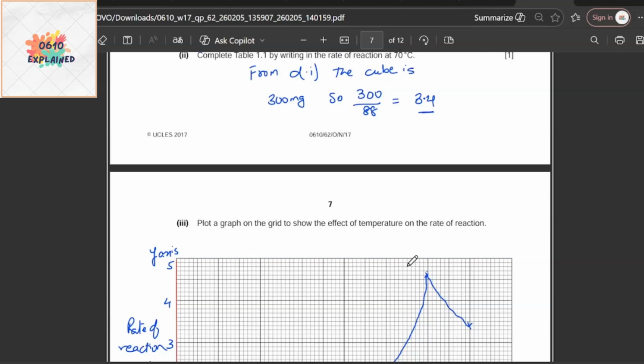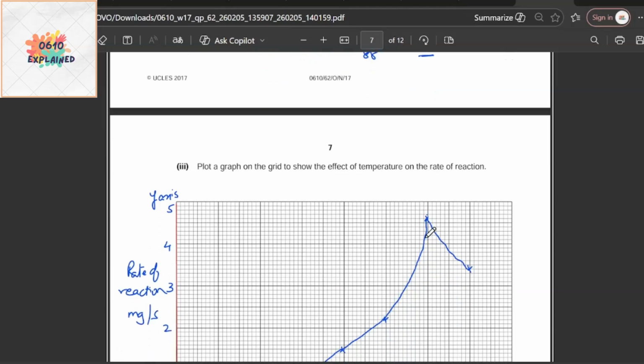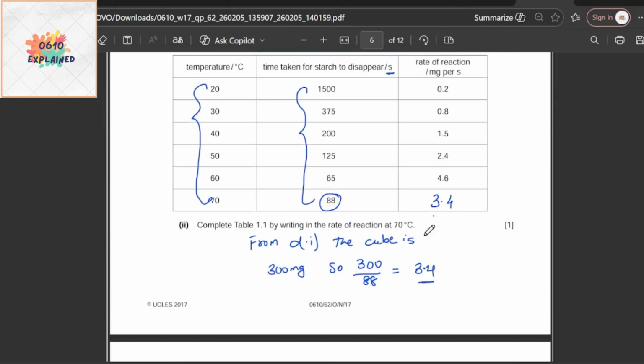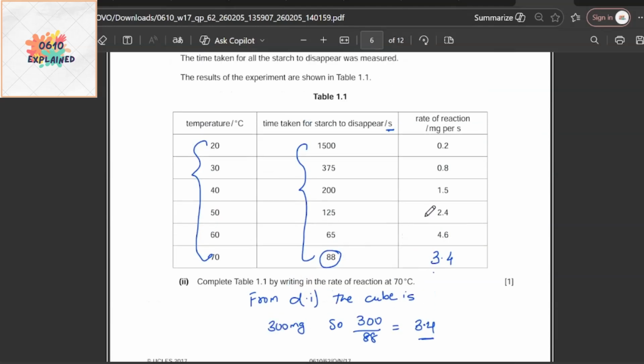Next question reads: plot a graph on the grid to show the effect of temperature on the rate of reaction. We have to identify the x and the y axis because in biology papers this is not given to you.